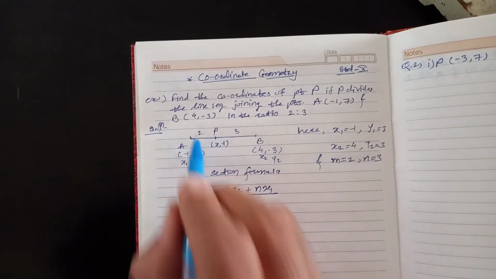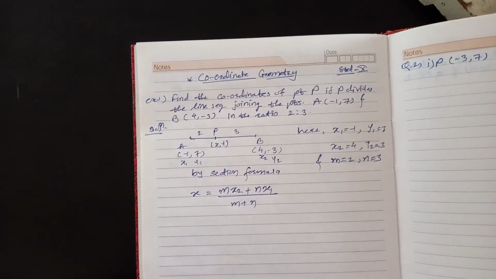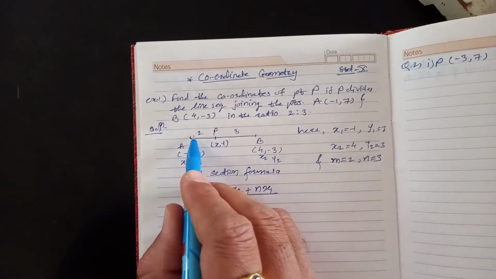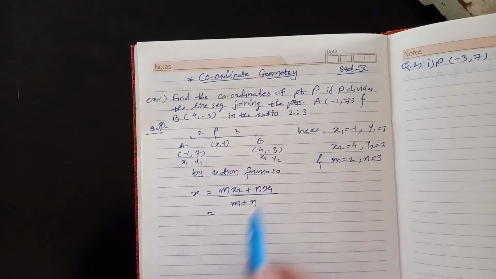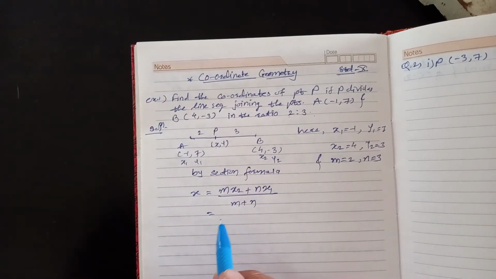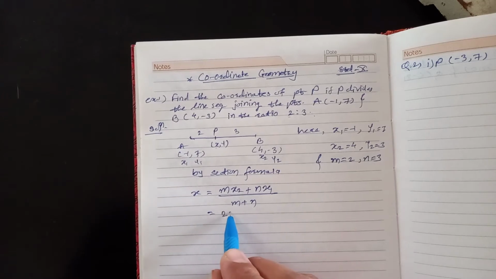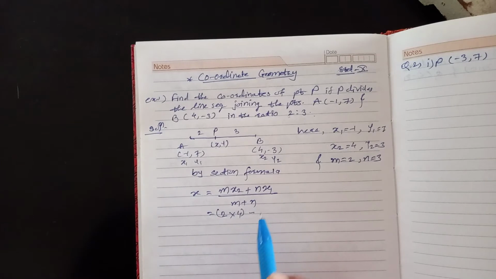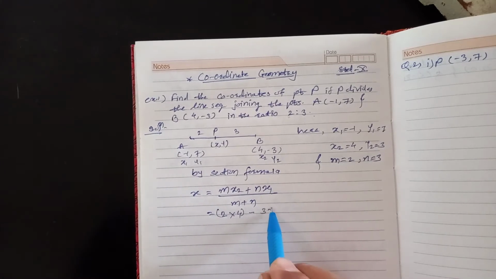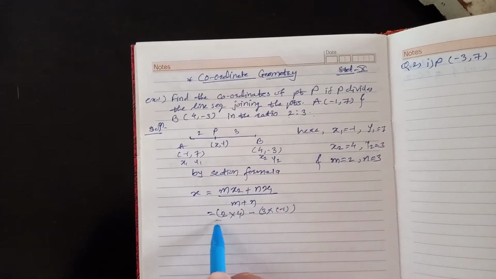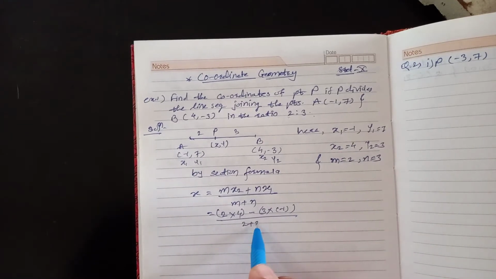First value for m, second value for l. So m multiplies x2, x2 is 4, plus l which is 3 multiplies x1, x1 is -1, upon 2 plus 3.